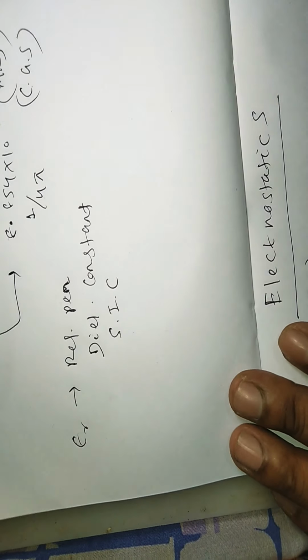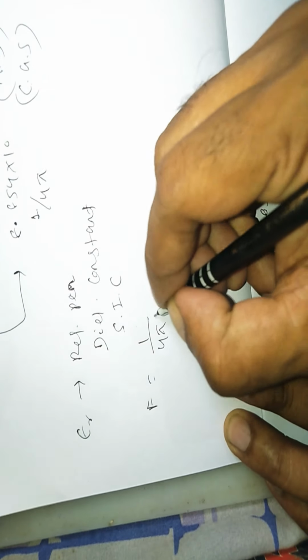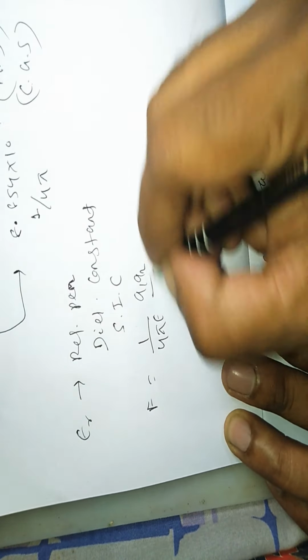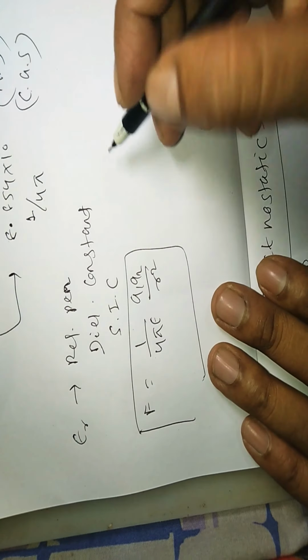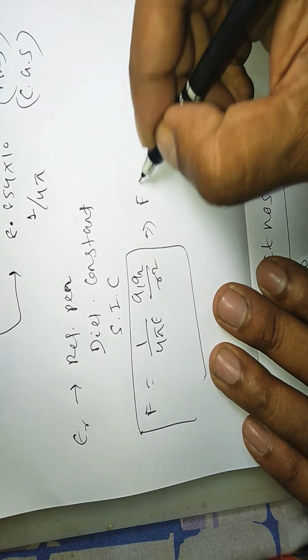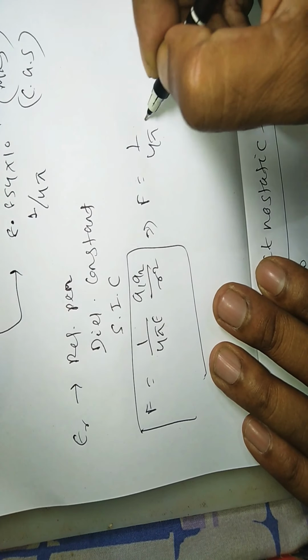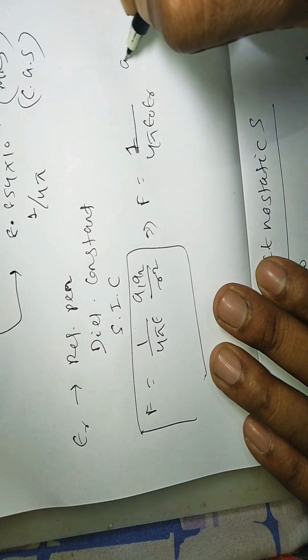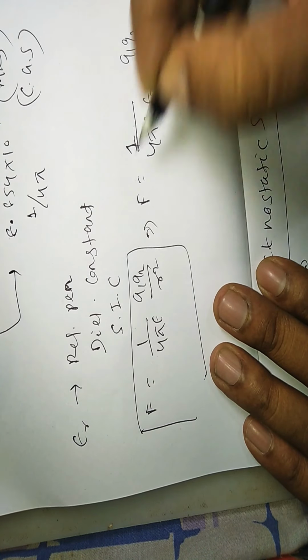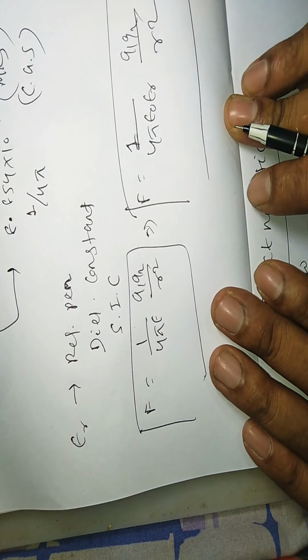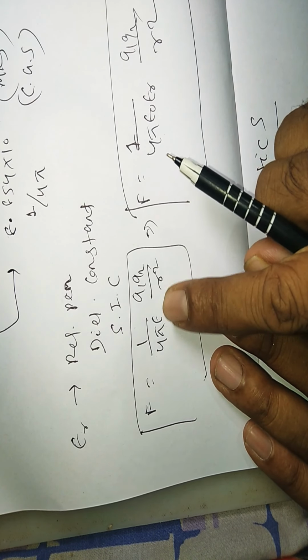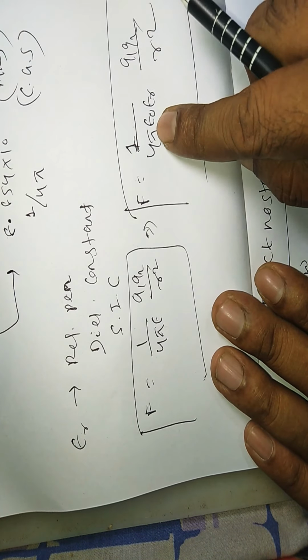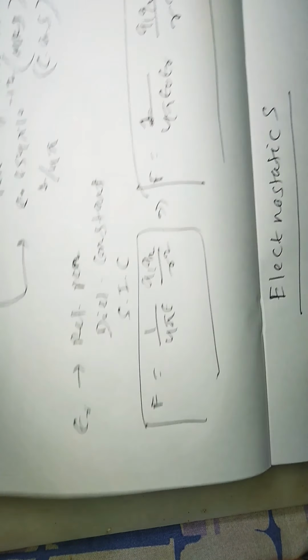Now we can rewrite Coulomb's law as 1 by 4 pi epsilon q1 q2 by r square. By replacing the value of permittivity, we get 1 by 4 pi epsilon 0 epsilon r q1 q2 by r square, right?